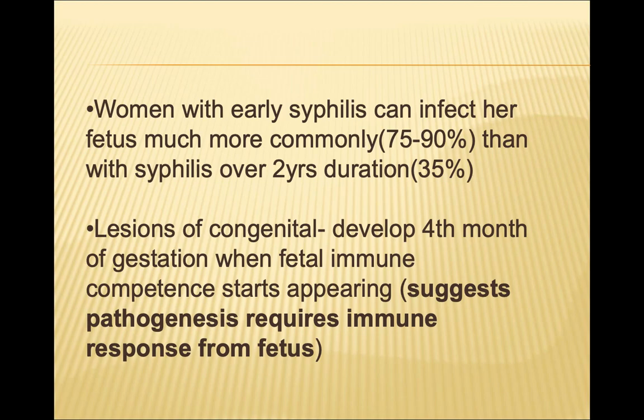Women with early syphilis can infect the fetus more commonly, about 75 to 90%, and when the syphilis duration is over 2 years, it is about 35% chance or risk of the child getting the infection. Lesions in congenital syphilis develop somewhere after the 4th month of gestation, when the fetal immune competence starts appearing. This suggests that the pathogenesis of these treponemes requires an immune response from the fetus.